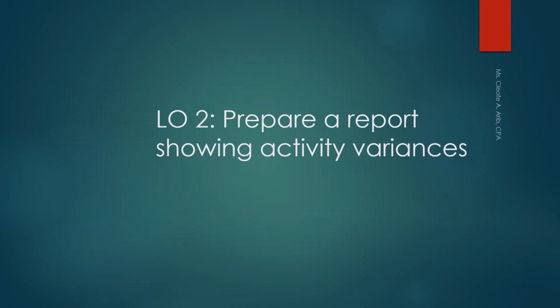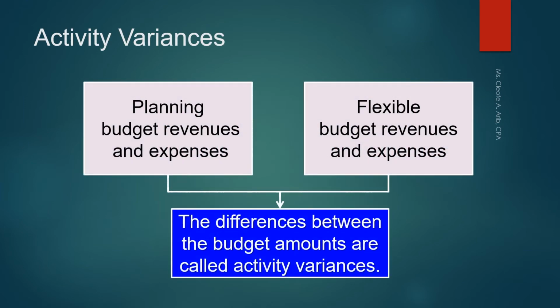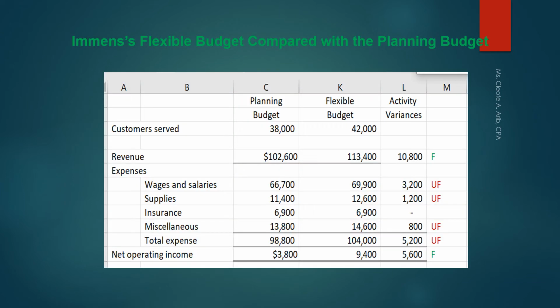For our second learning objective, let us prepare a report showing activity variances. So this is how we compute your activity variance. We simply get the difference between your planned budget revenues and expenses and the flexible budget revenues and expenses. The difference of the two budgets is what we call your activity variance. Here is a table of Immense's flexible budget being compared with its planned budget.